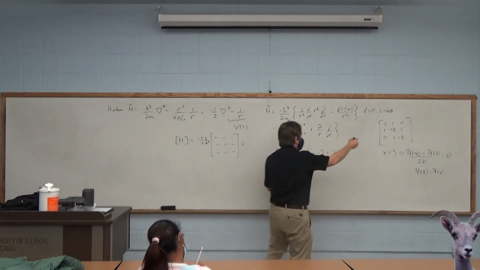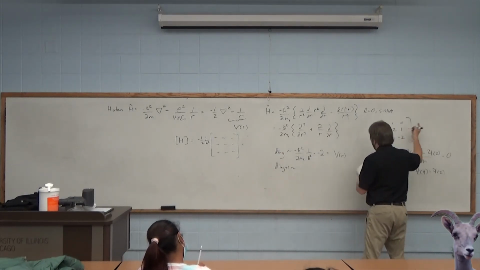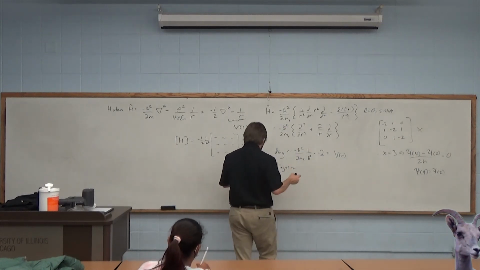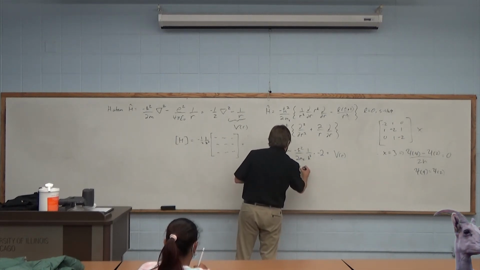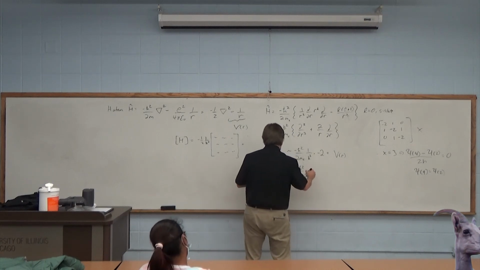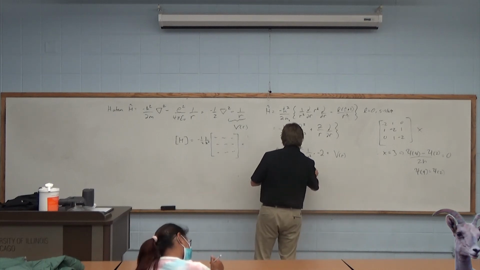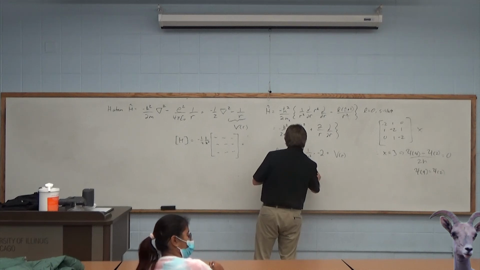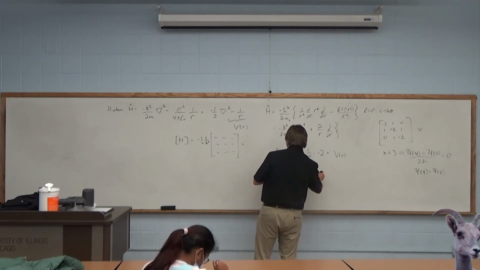This is for x, this is for Cartesian, but now I'm doing radial. This is going to be my h bar squared over 2me, which is just -1/2, times 1 over h squared, which again would just be the grid spacing.